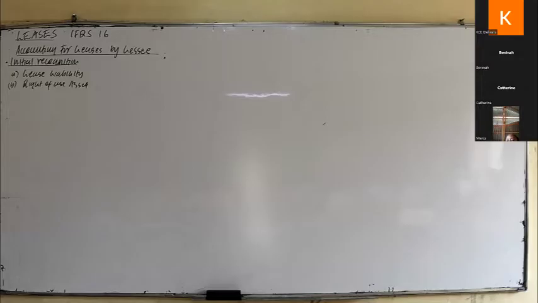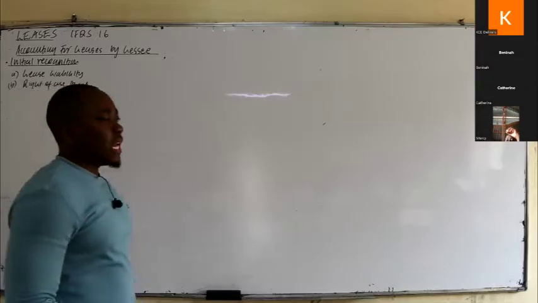Now let's start with the lease liability. First of all, let me explain this. If you have an asset and you lease it to another party, how does that party account for it?